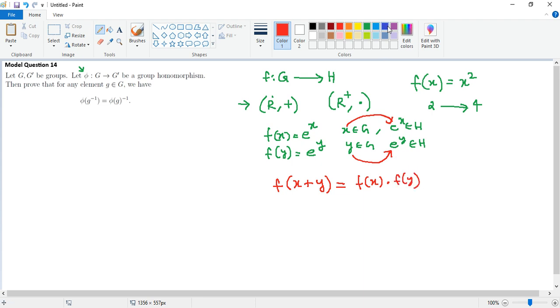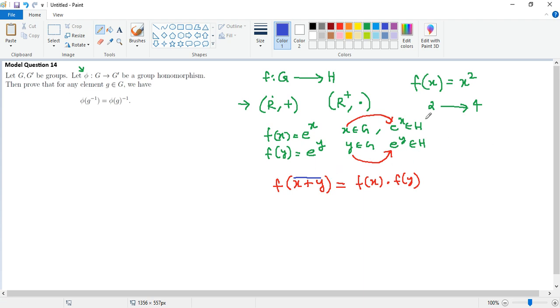Here, what I'm doing is taking two elements of G and adding them, and I'll get some number or value. Now, when that is input to the function, that should be the same as the operation on the individual outputs, right?